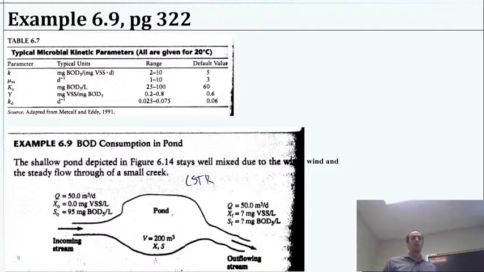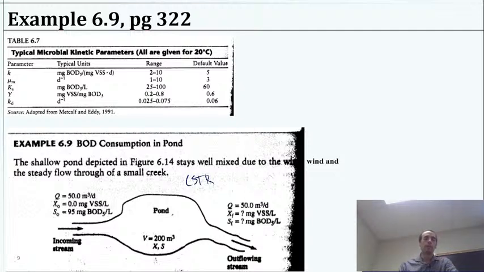We'll take a look at the rest of the problem prompt in a moment, but I'm just going to highlight what we are looking for, which is kind of given in the caption here. The X final and the S final are question marks. What we have on the left is Q, X naught, and S naught. We have some amount of X and S in the pond. It is well mixed, and we have our growth and our decay rates in there, and a substrate utilization rate accordingly.